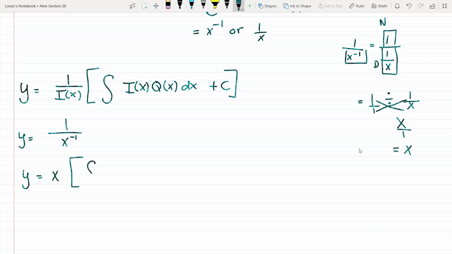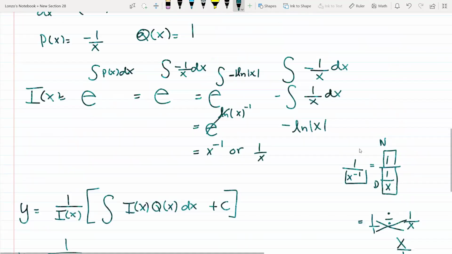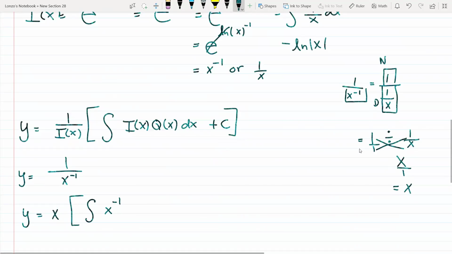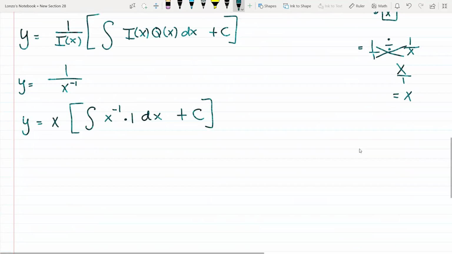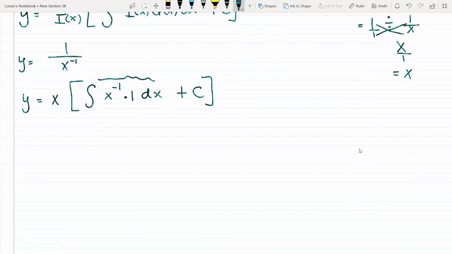And then it's the integration of I of x, which is x to the negative 1, times our q of x, which we said was 1, and then you have dx plus c. Now let's simplify this part right here. The integration of x to the negative 1 is 1 over x, and you really don't have to put the 1 because it's a constant.